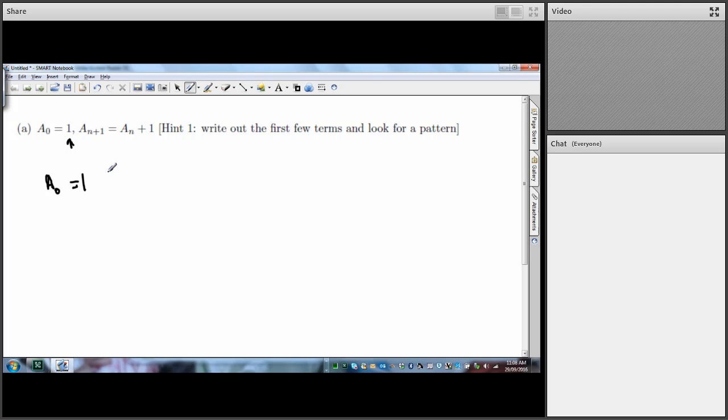This first sequence is going to be A0, which is 1, that's told to you. Then A1 equals something, A2 equals something. In order to work out any value, we basically just need to sub it in.